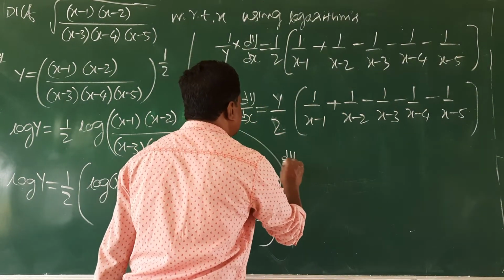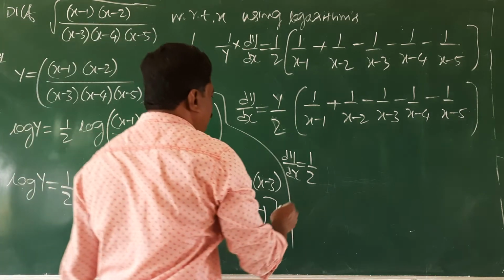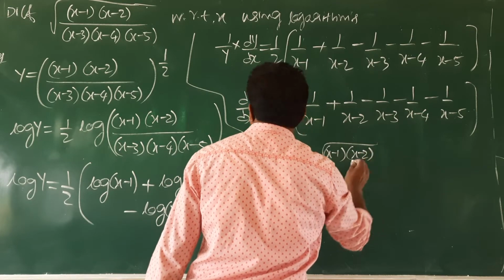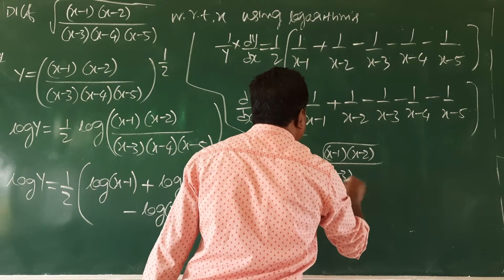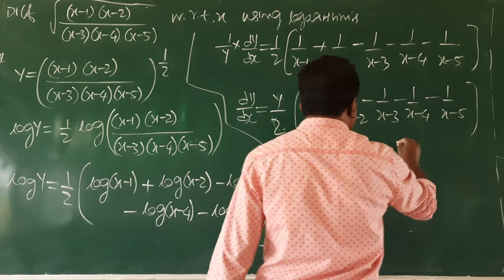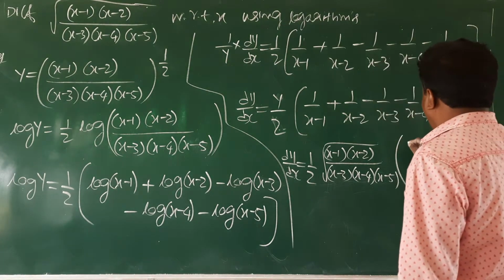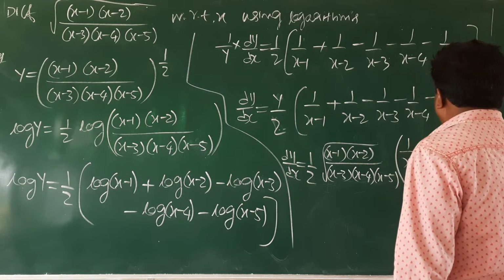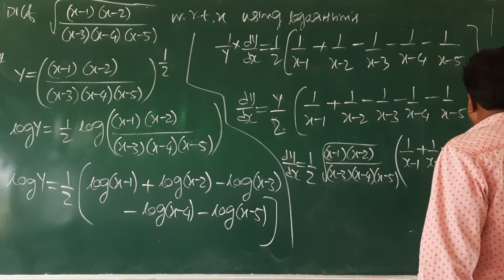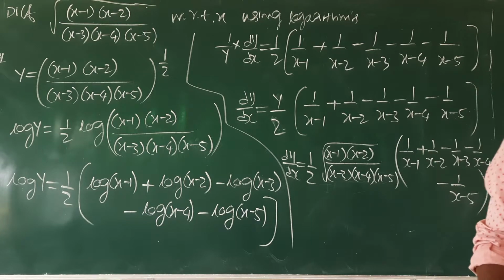What is y, students? y is the square root of (x minus 1)(x minus 2) by (x minus 3)(x minus 4)(x minus 5). So dy by dx is 1 by 2 into that, into the bracket with the same terms. This is the required dy by dx.